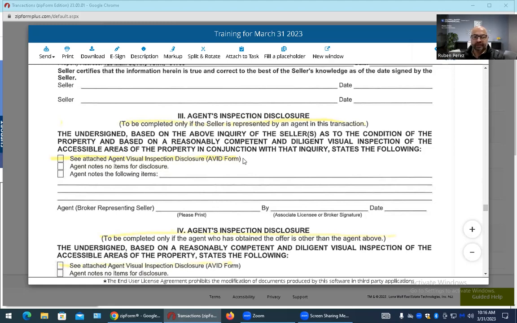So in a sense, it becomes statutory if you include it? Well, technically, AVID is not statutory, but when you put it in the TDS, that makes that AVID a part of the TDS. So if you give the TDS without the AVID, that means it's not complete.